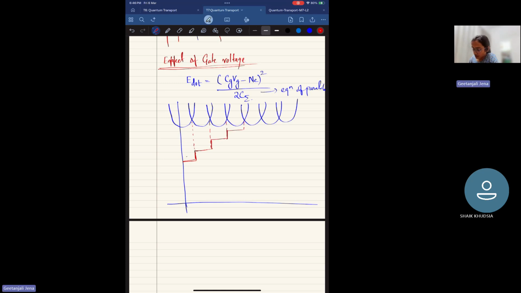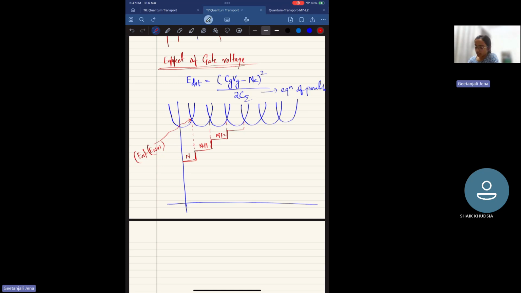Like this: if you have started with n, here we have n plus 1, here we have n plus 2. And this is because at this degeneracy point, En is equal to En plus 1.